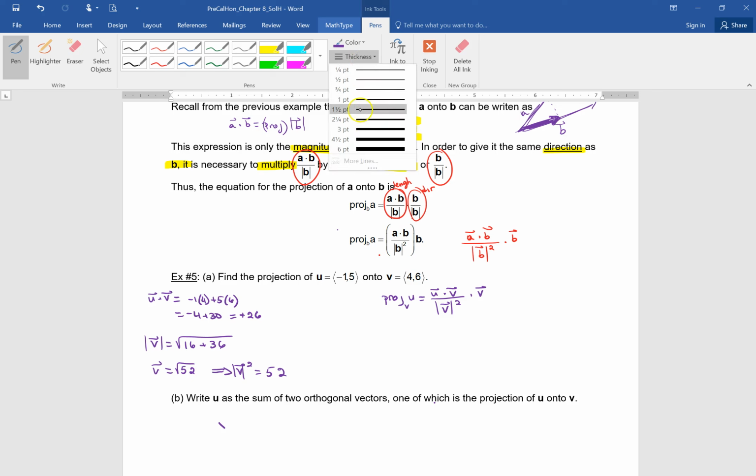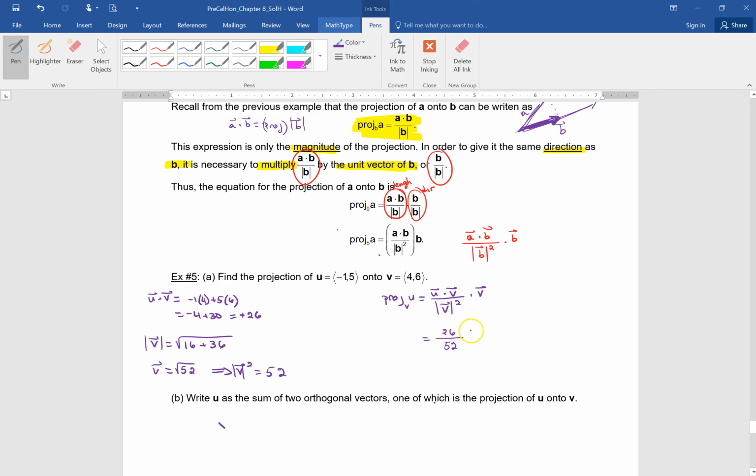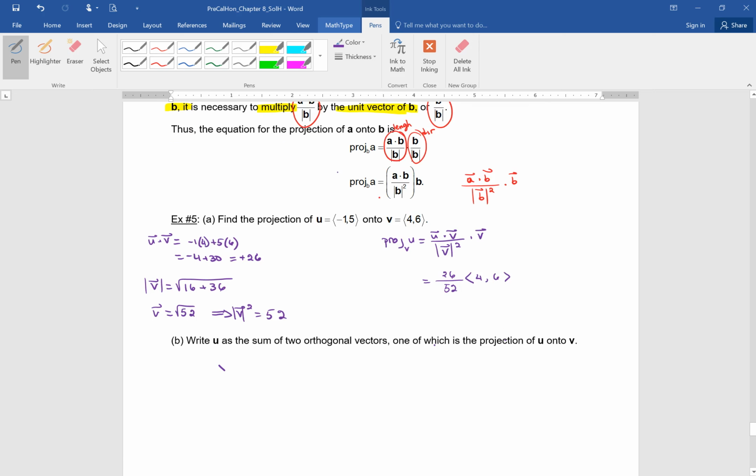What I have is u dot v, which is 26, over 52, times the vector v in all its glory. So this is 1/2 times 4, 6. So the projection is 2, 3.